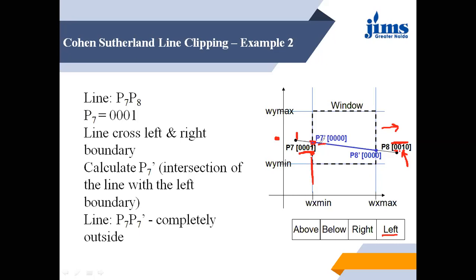So it is easy to find the value of the slope, that is m, as we have 2 points, that is P7 and P8. These two are the original points. By these 2 points we can find the value of m, and again we can put this value in the equation. So in this case we can completely clip the line P7 to P7 dash.